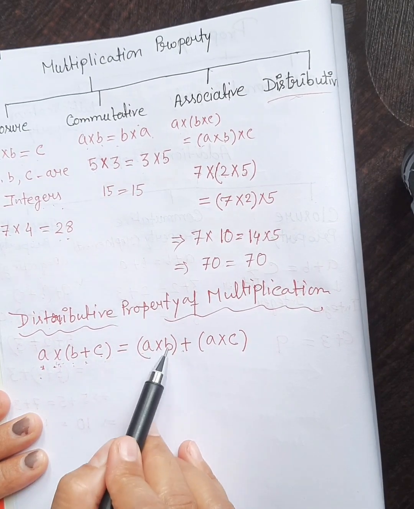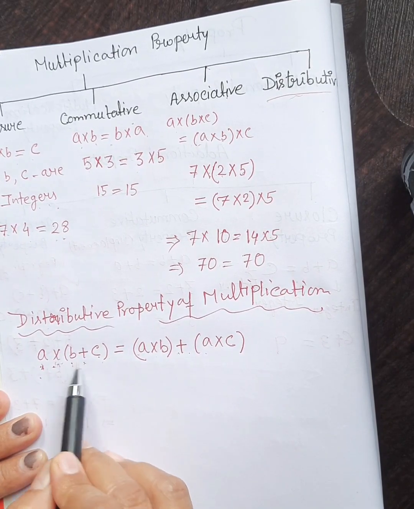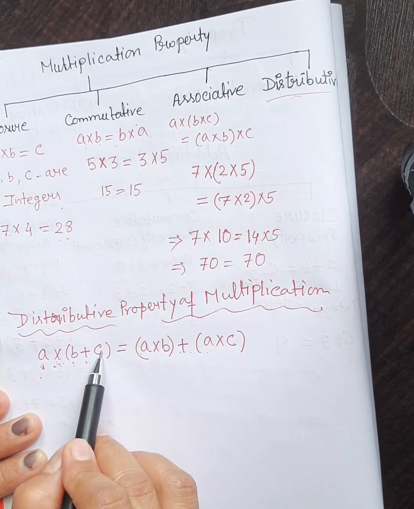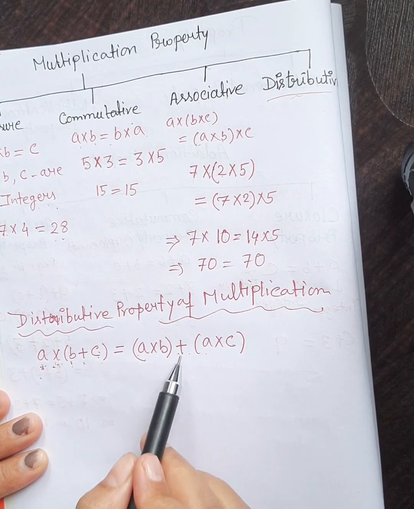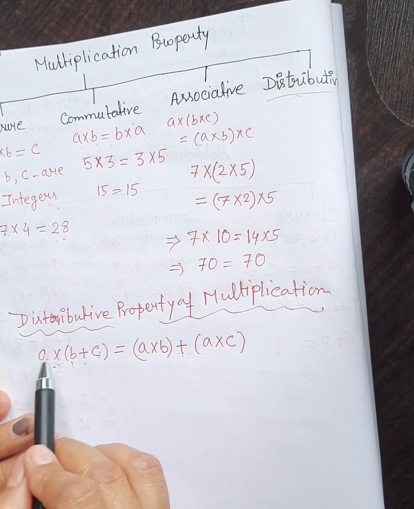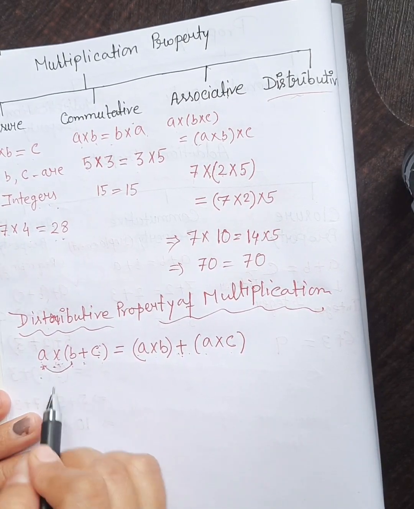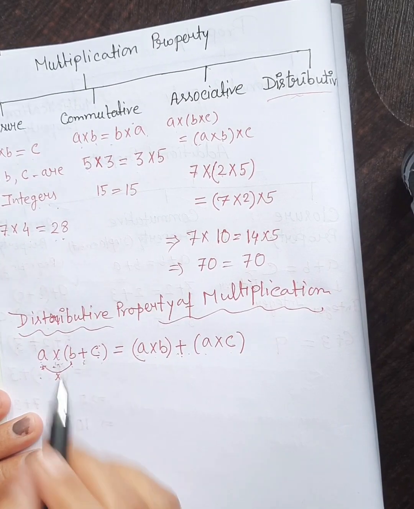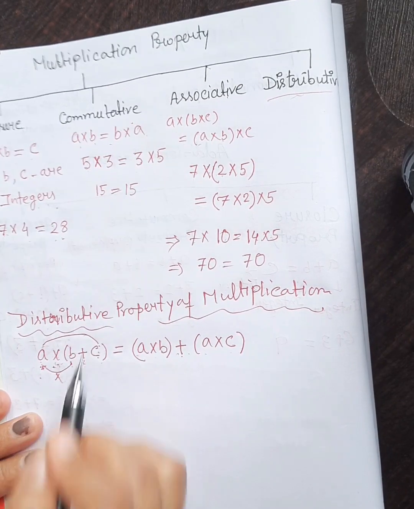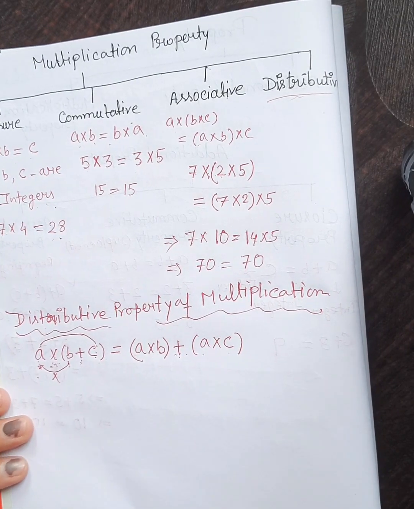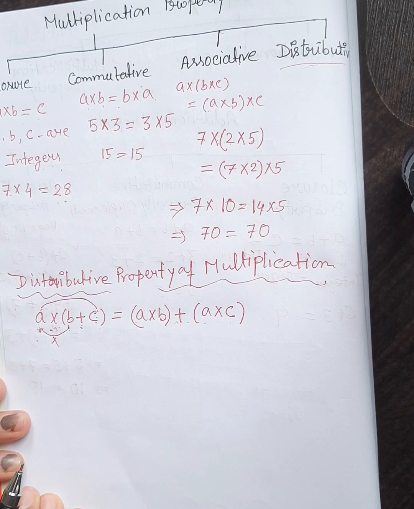That means A into B plus A into C. Clear? This is the distributive property of multiplication.